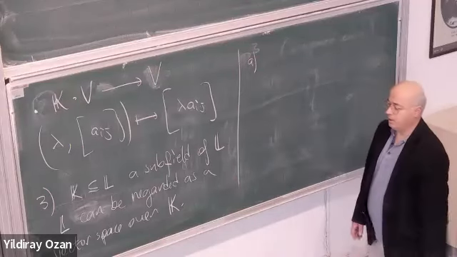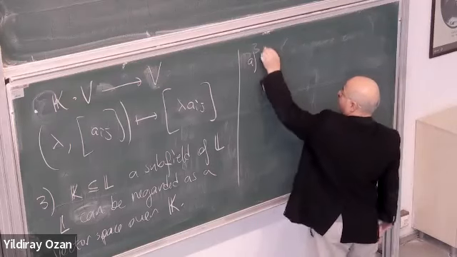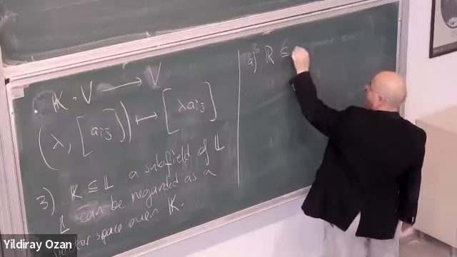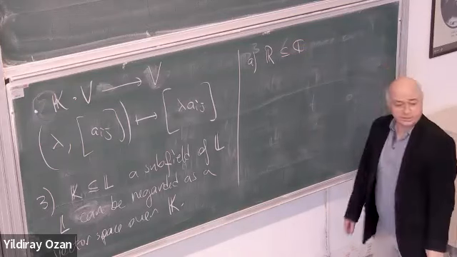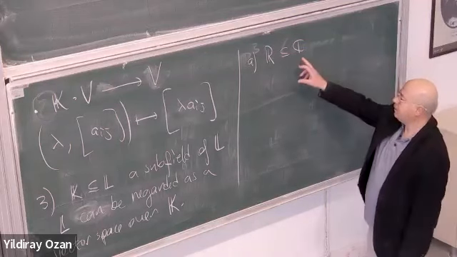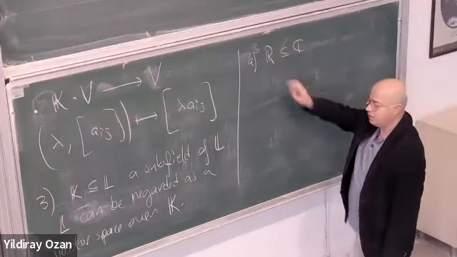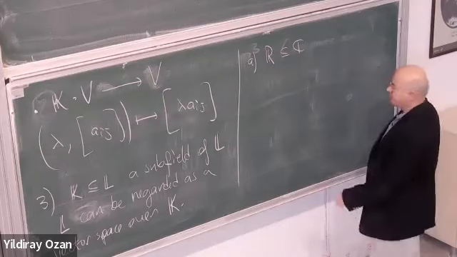For example, I can take real numbers as a subfield of complex numbers. Okay. And C becomes an R vector space.